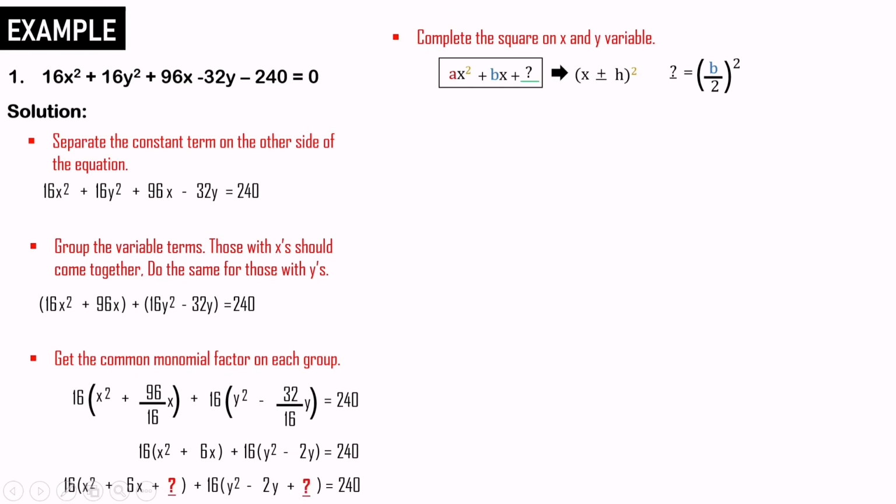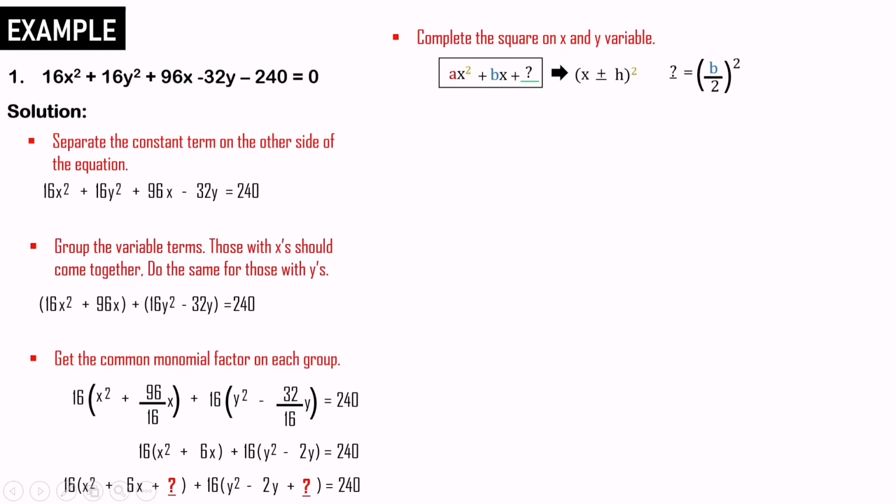So, naatay 16x squared plus 6x plus kani maaning ato ang second term over 2 squared plus 16y squared minus 2y plus kani nasad equals to 40.